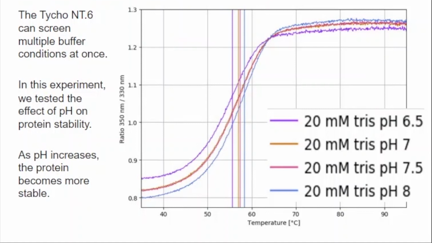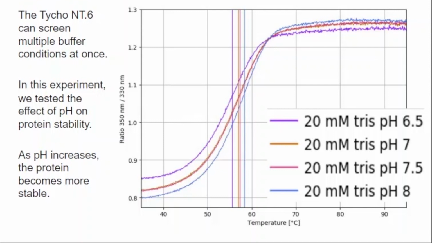And I realize it's a little hard to see because of all the colored lines, but the blue line is our protein at pH 6.5, which is the least stable, and then the orange, pink, and purple lines are our proteins at 7, 7.5, and 8. And as we increase in pH, we can see that the protein becomes more stable.